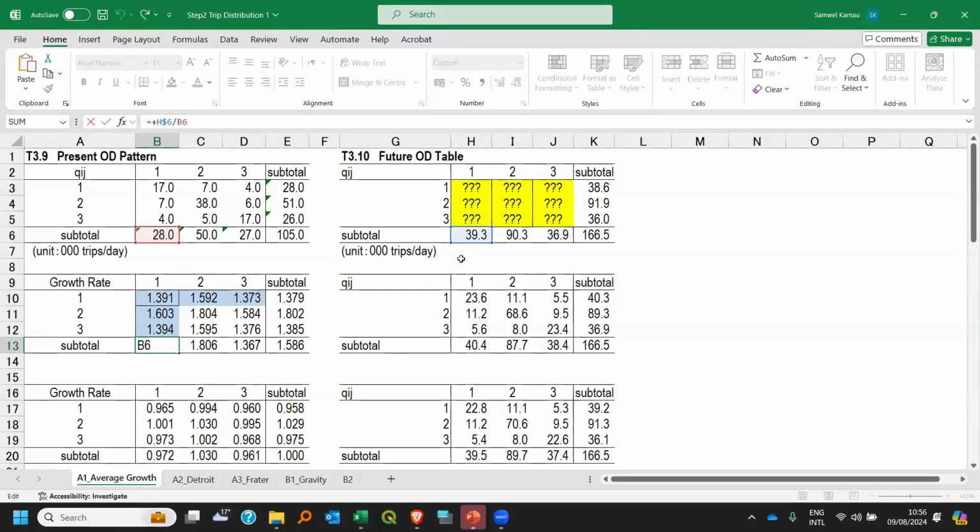Based on the result of the future and current trip generation and attractions, some growth rates are modified. So the growth pattern for trip generation and attractions is applied.